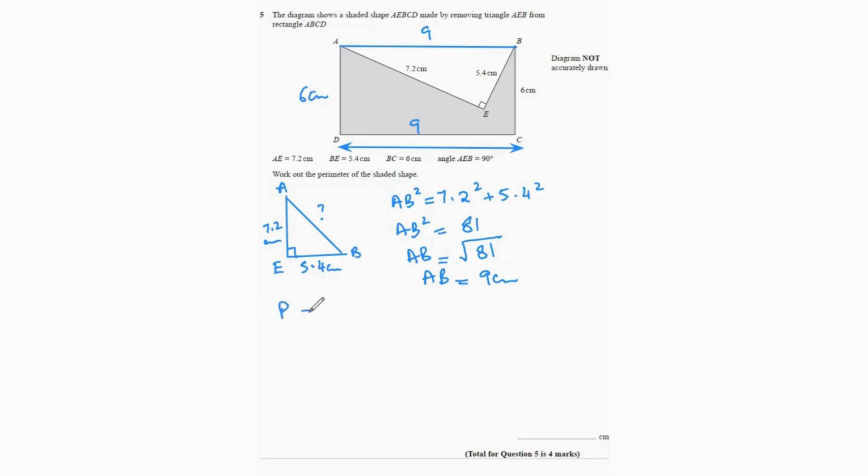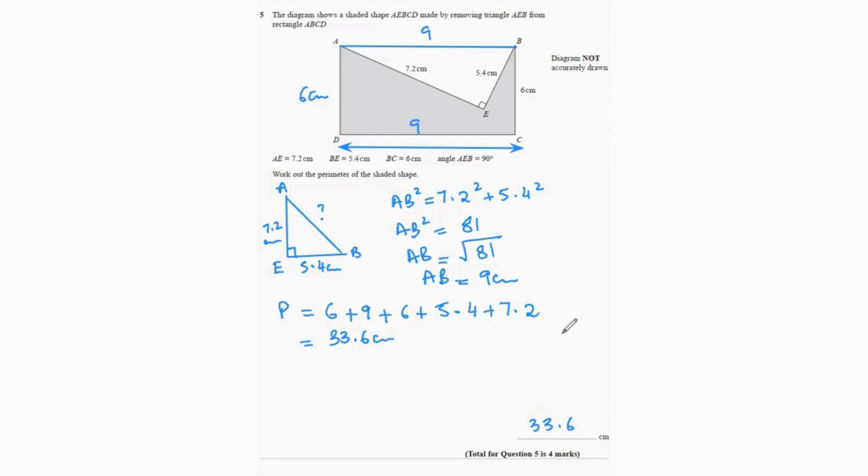So the perimeter is going to be 6 plus 9 plus 6 plus 5.4 plus 7.2. So far, I think these were the easiest 4 marks you can score for Pythagoras. 6 plus 9 plus 6 plus 5.4 plus 7.2 is 33.6 centimeters. This is your perimeter of the shaded shape.